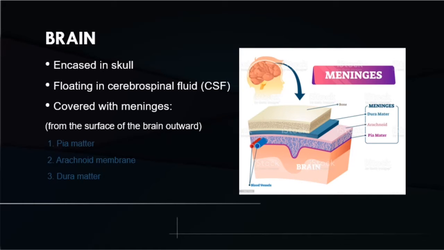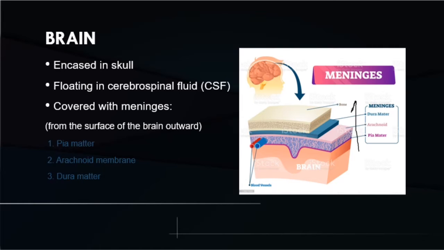So the brain is encased in the skull, which is a bony thing that covers it. Your brain is floating in cerebrospinal fluid and covered with meninges. There are 3 layers that are protecting the brain. They're called meninges, and this is very important. This order is from the surface of the brain outward. Closest to the brain is the pia mater.